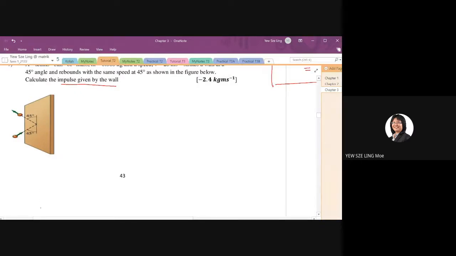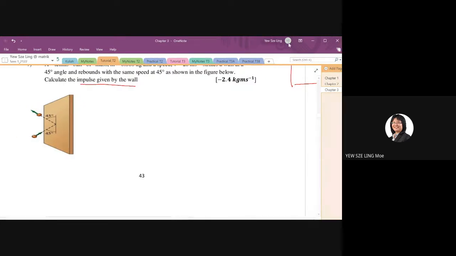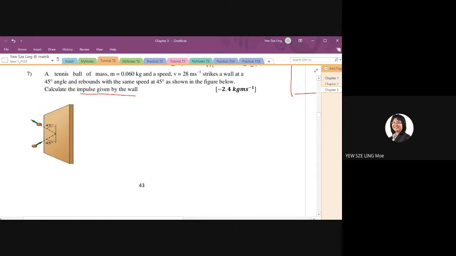I have a wall, and it is 45 degrees from the wall as shown in the figure. Calculate the impulse given by the wall. The thing that we want to calculate is actually along the x component.